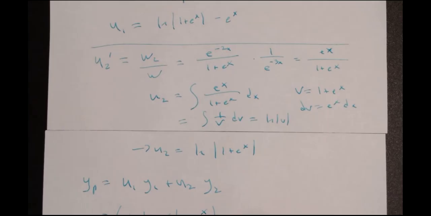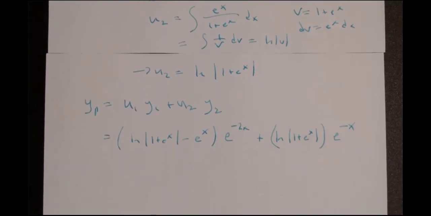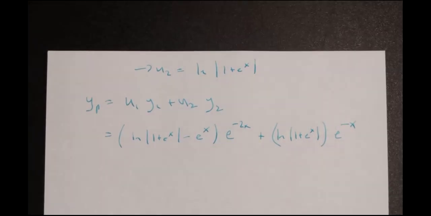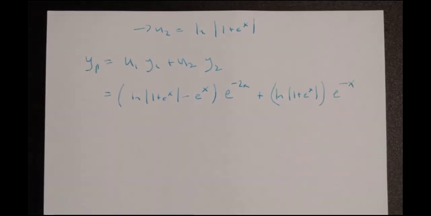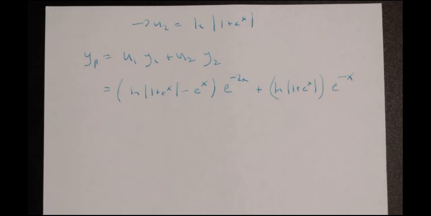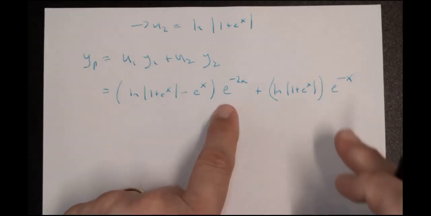What was y1? Plus u2, ln 1 plus e to the x, times y2. Oop, I'm off the bottom of the screen. That doesn't help. What was yc again? Our original solution was c1 y1 plus c2 y2, right? c1 y1 plus c2 y2.